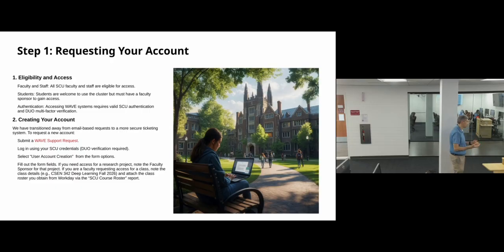If you're a professor, you need to submit the output from Workday for the SU course roster of your class. And that is the information needed by the systems administrators to be able to add the students to the group.